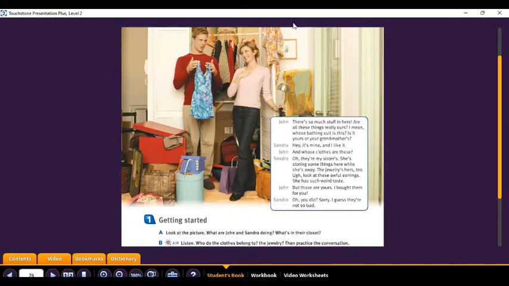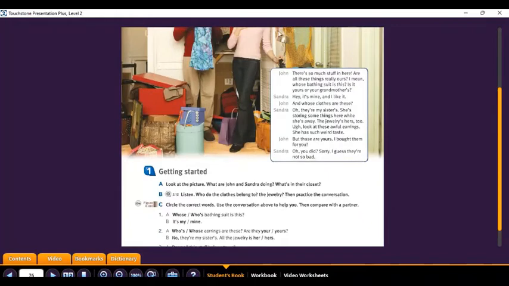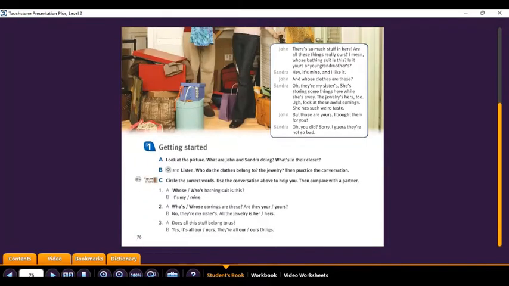Okay. So here we have the conversation and we see new words for today that we are going to learn in this unit. Please, we are going to try to circle the correct words. Use the conversation above to help you. So we have the first one. We see the word whose and who's.